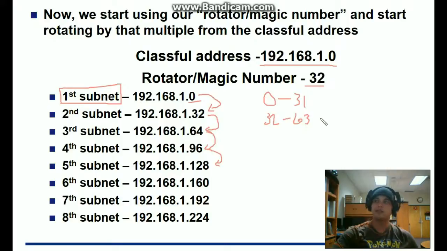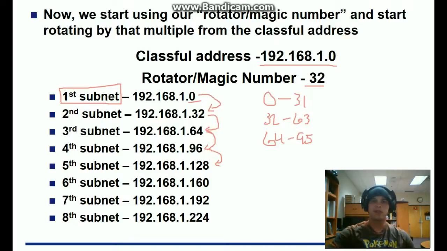All right, you see that? And then you just keep going to 95. And notice 0 to 31, that gives us 32 addresses because 0 is an actual number, so that number counts. So that is how we calculate subnet IDs.